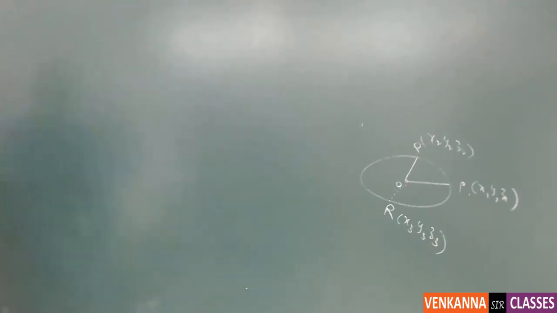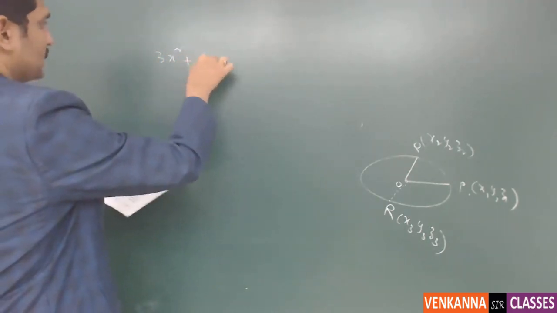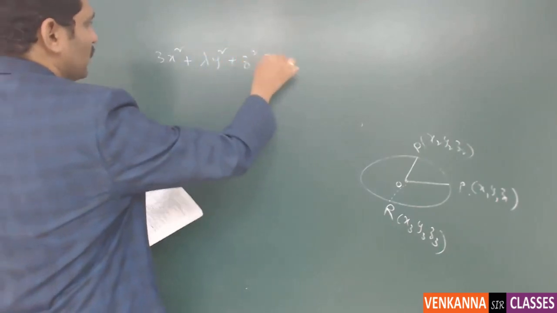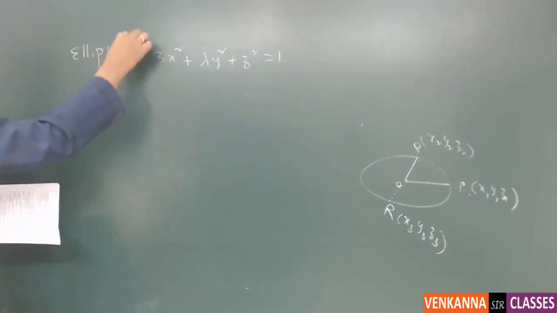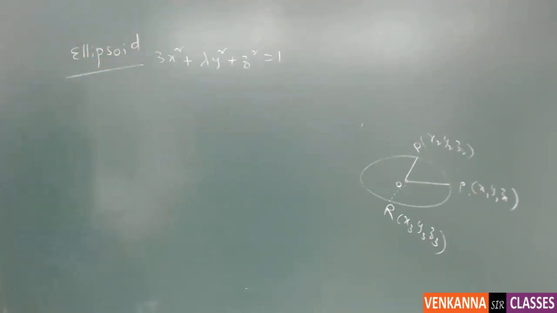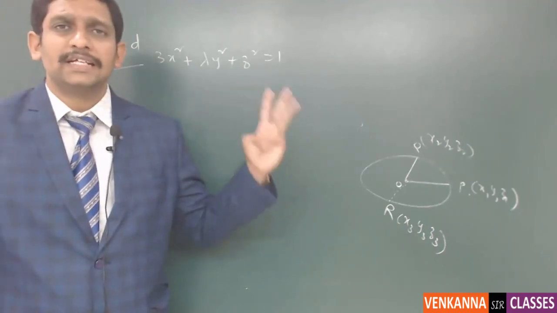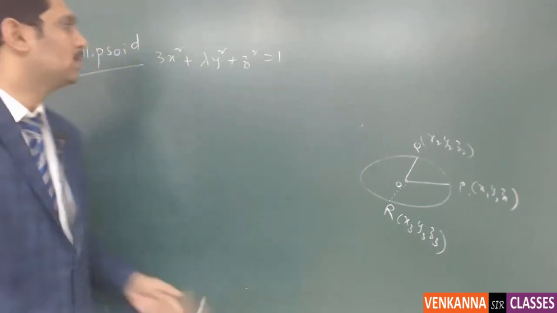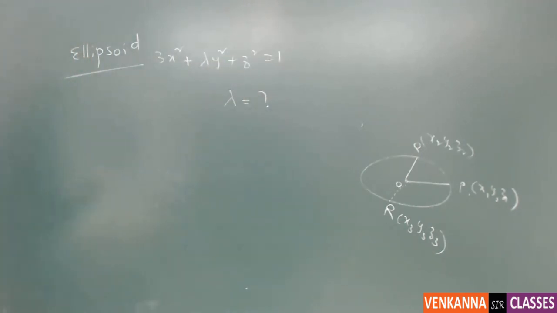So another one is, suppose I have taken an ellipsoid, say 3x square plus lambda y square plus z square equal to 1. This is an ellipsoid. And I have taken that it has three conjugate semi-diameters. So what is lambda value here? That was the question.